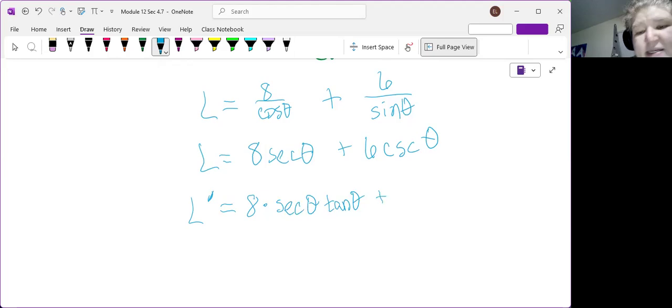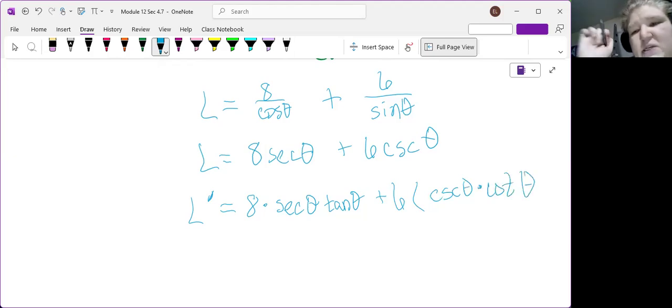And I just went through it that way because that's the way my brain remembers it. And then cosecant theta is going to be very similar to secant. So we're going to see the cosecant and the cotangent. But because we're dealing with a c function and we're taking a derivative, we get a minus. So there is our ridiculous derivative.